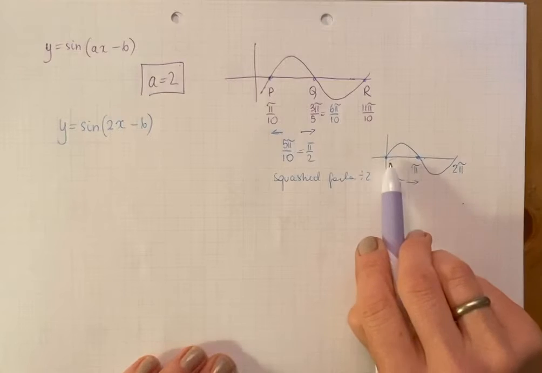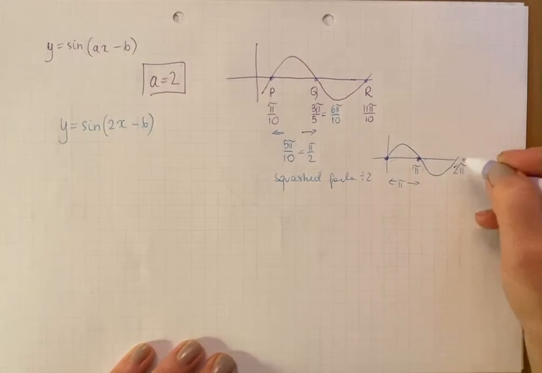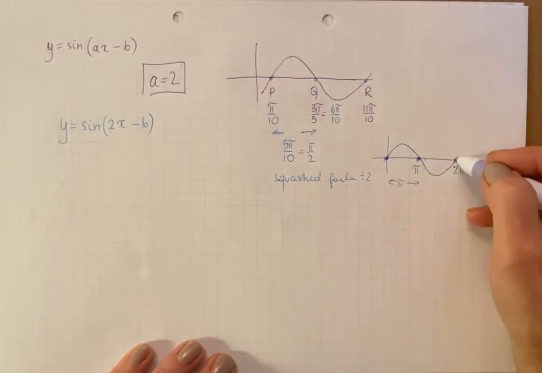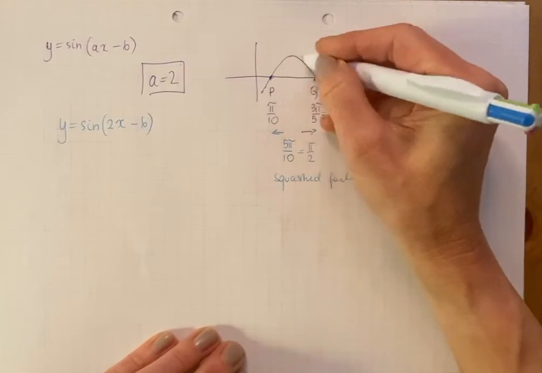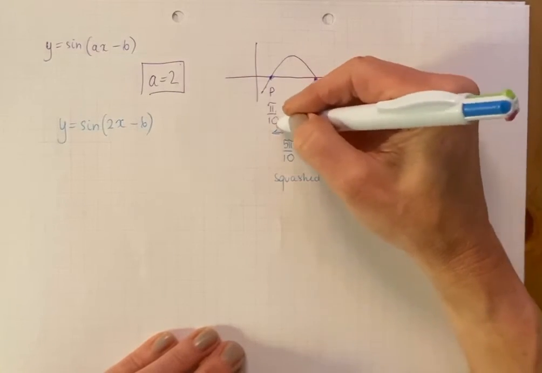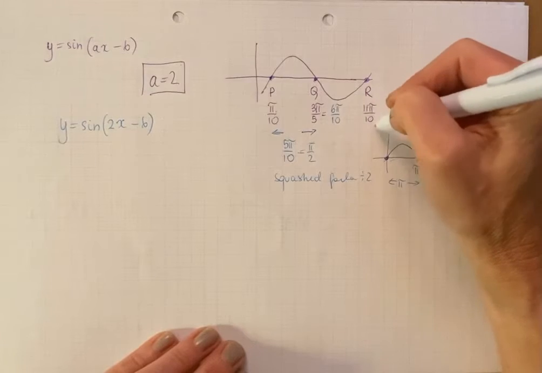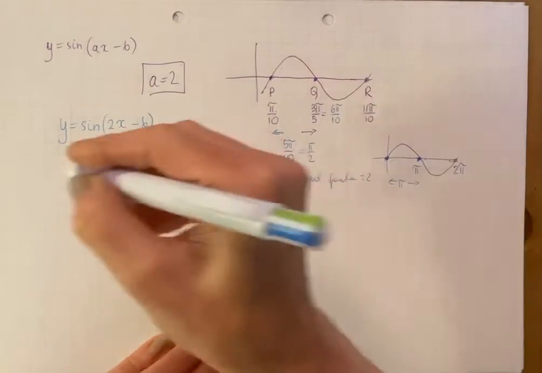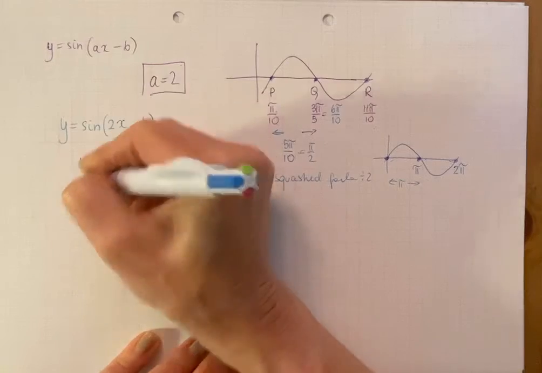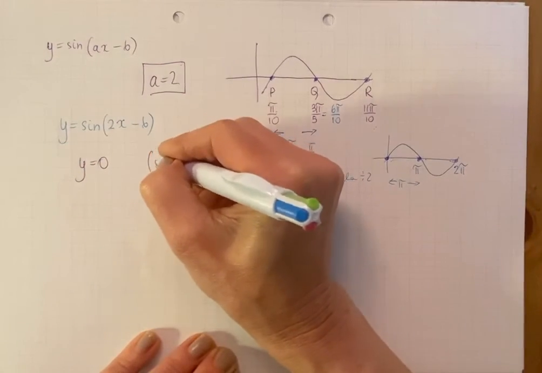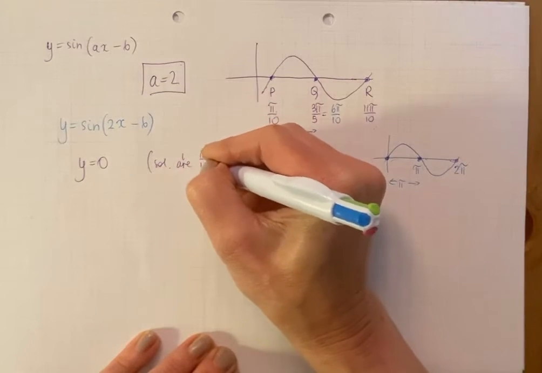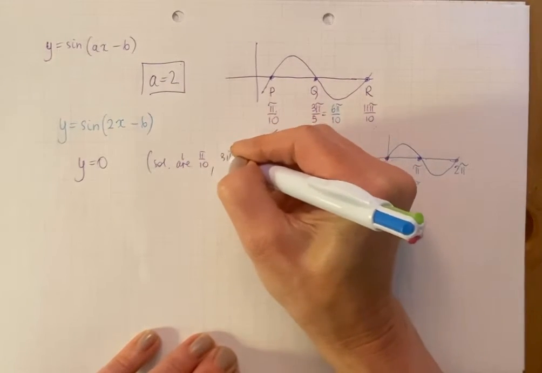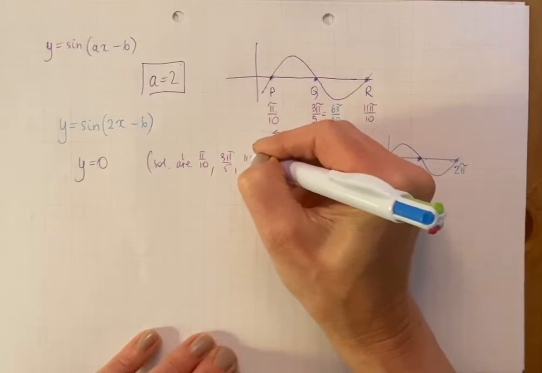Well, these points over here on the normal sine graph are the roots, where the graph is equal to 0. So if we realize that our values of pi over 10, 3 pi over 5, 11 pi over 10 are the solutions to the equation y equals 0, okay, the solutions are pi over 10, 3 pi over 5, and then 11 pi over 10.